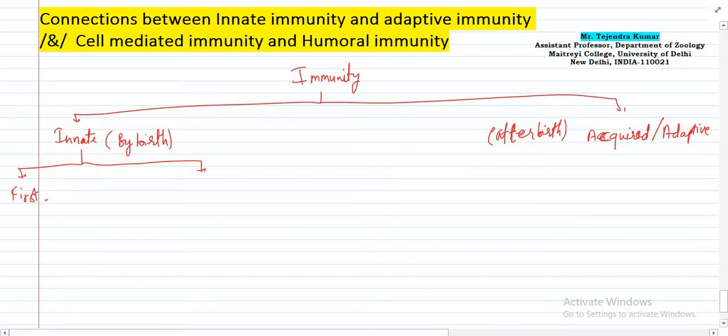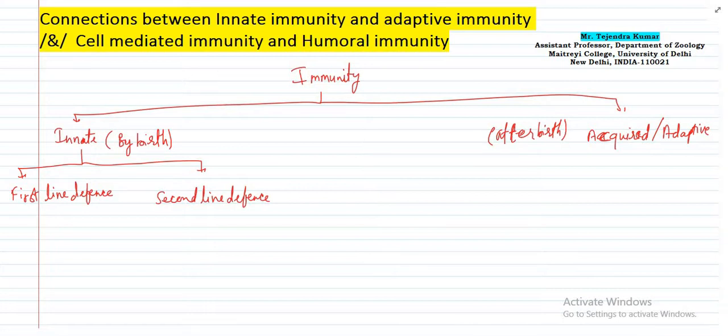So this is the first line defense, and this is the second line. There are two types of defense: first line defense as well as second line.